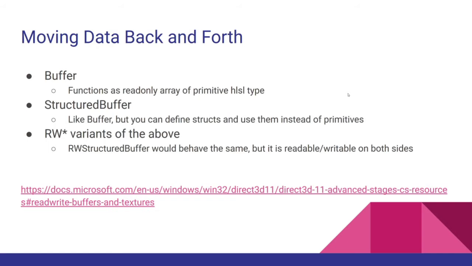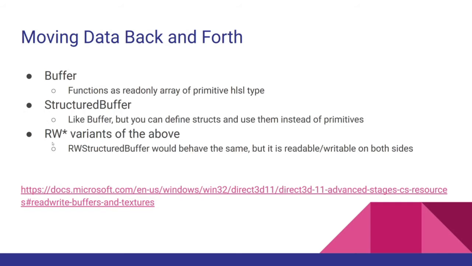When you are moving data back and forth between the CPU and GPU, you use something called a buffer, or a derivative of the buffer class. A buffer is basically just a big old array of a single data type. You can make it an array of primitives, or an array of structs, which are like little classes.